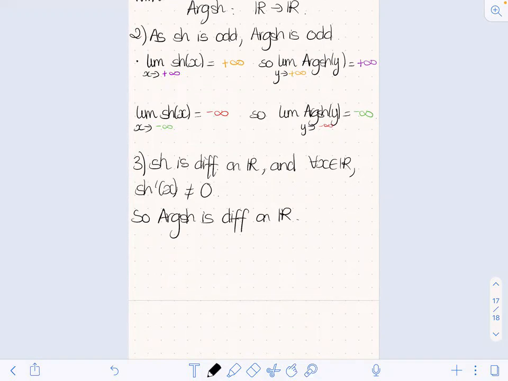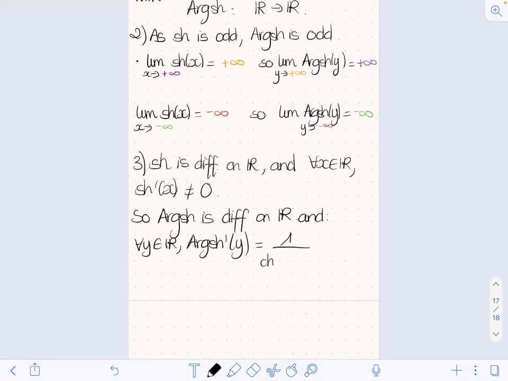So what we're going to do now, we're going to take some y in R and compute arg SH prime of y. So if we apply the formula that we have for the derivative of an inverse function, what we have is 1 over f prime, where f is the original function.